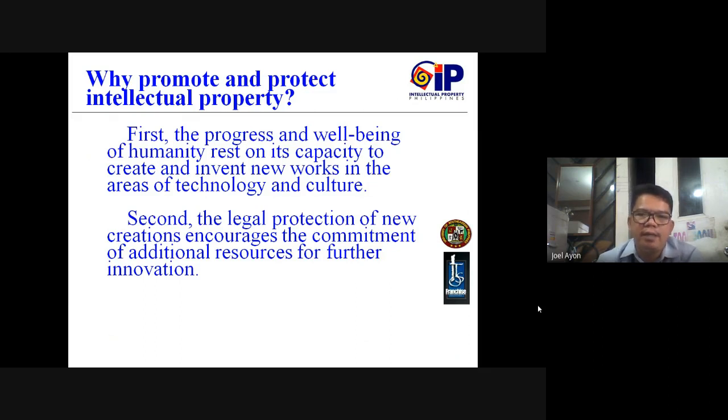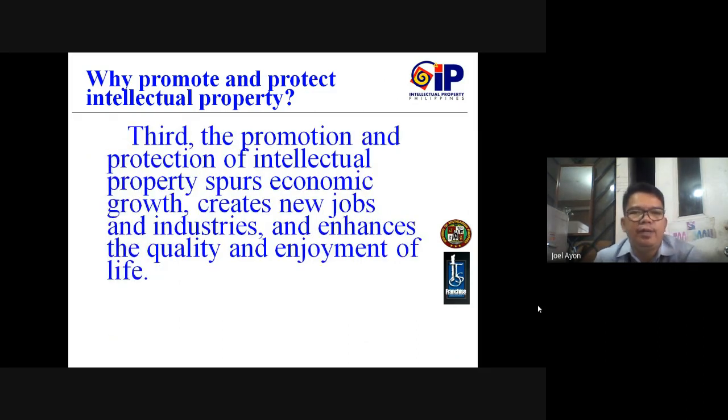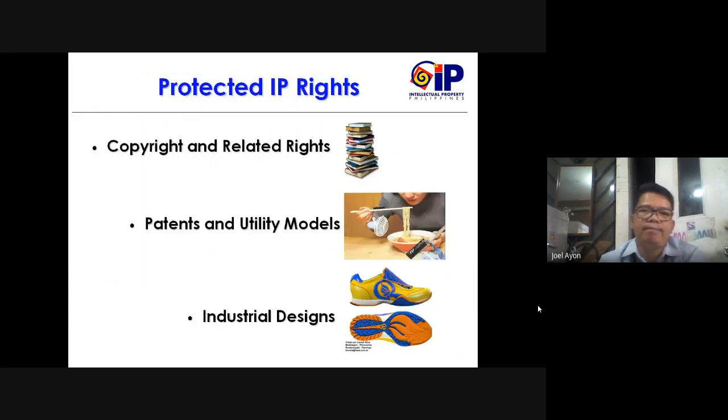Second, the legal protection of new creations encourages the commitment of additional resources for further innovation. And the third one is the promotion and protection of intellectual property spurs economic growth, creates new jobs and industries, and enhances the quality and enjoyment of life.